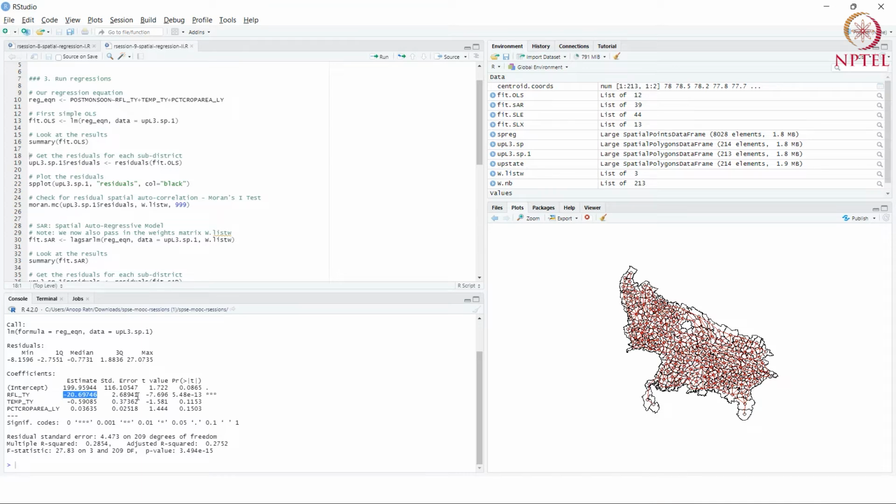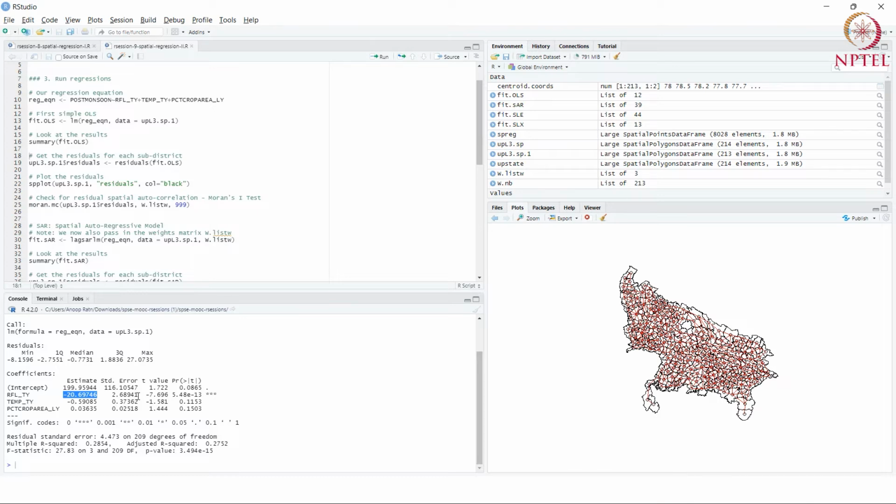If I may just tax you with a small exercise, what does it mean that the sign is negative? You might pause the video and think about it for a few seconds before you come back. We're seeing a significant coefficient for this year's rainfall, and the sign is negative.